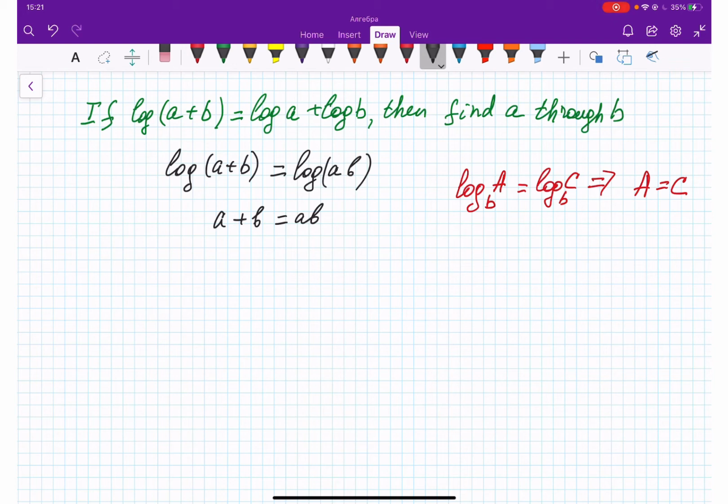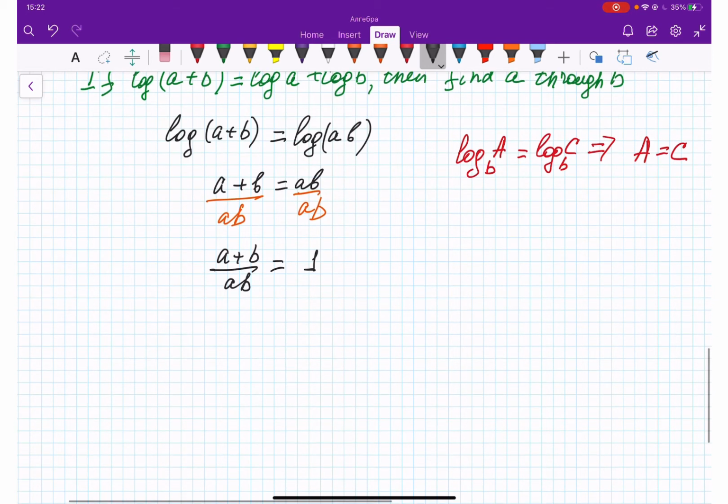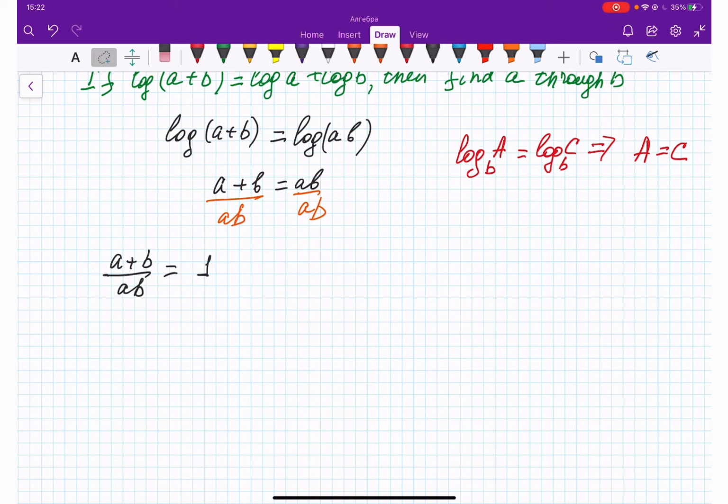So from here, a plus b, if we divide both sides by ab, we are getting a plus b over ab is equal to 1, right? So let's separate our fraction, put it as a separate denominator.